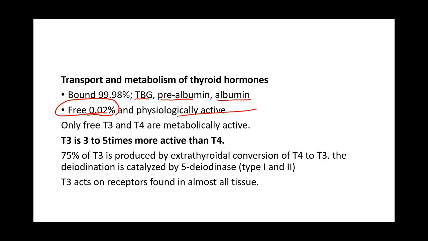Now, this deiodination is catalyzed by 5-deiodinase, of which you have two types, type 1 and 2. They are found in different parts of the body. T3 acts on receptors found in almost all tissues except a few tissues like the matured brain, uterus, and so on.